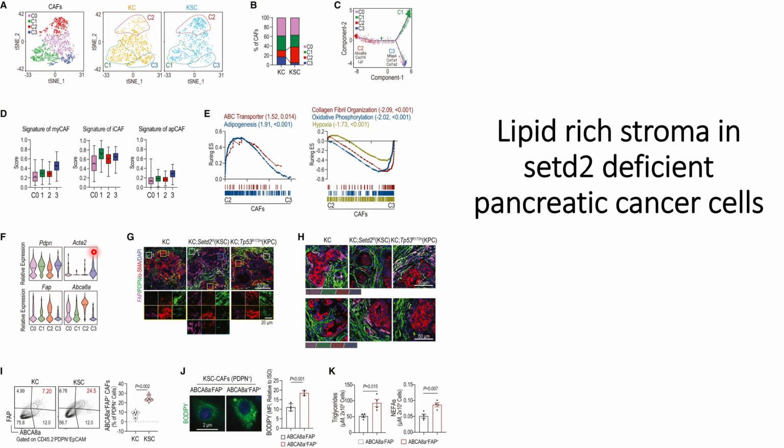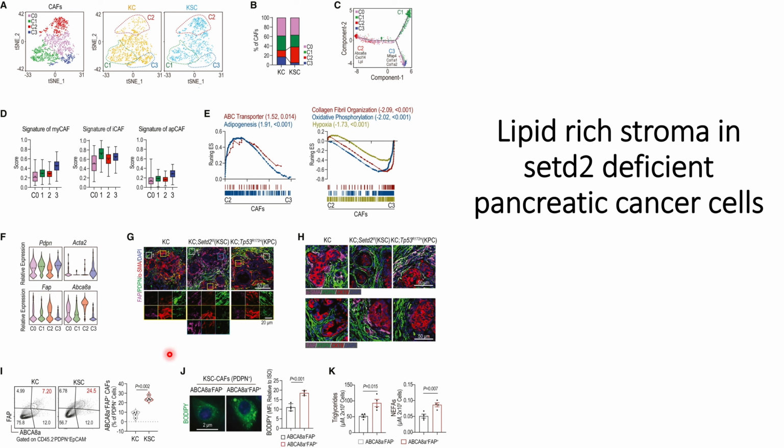When they checked the relative expression of other genes in different clusters, they found that PDPN is overexpressed in cluster 3, ACTA2 is more overexpressed in cluster 3, whereas FAP is overexpressed in cluster 2, and ABCA8A is overexpressed in cluster 2.